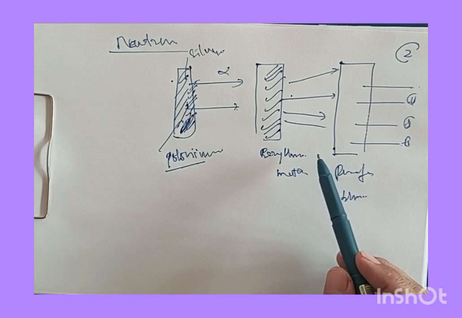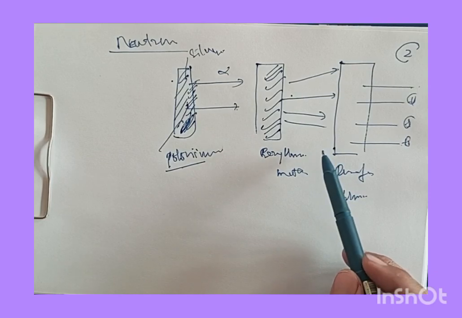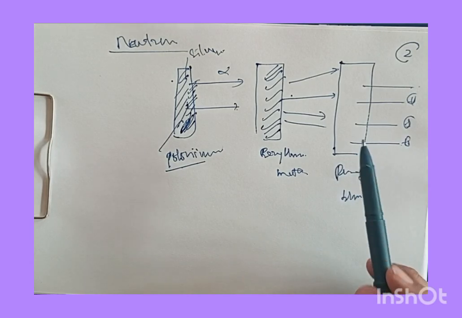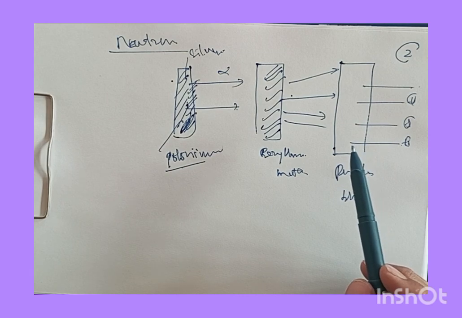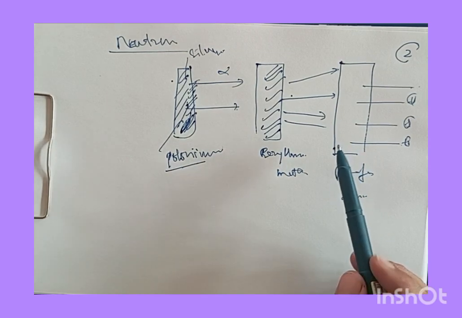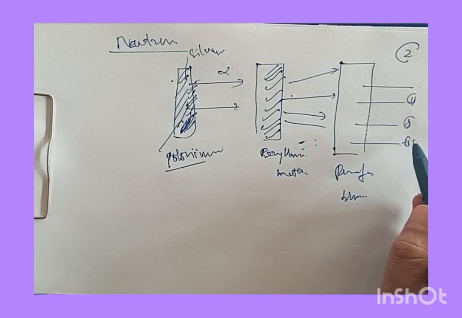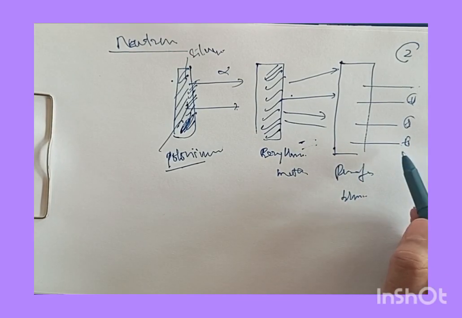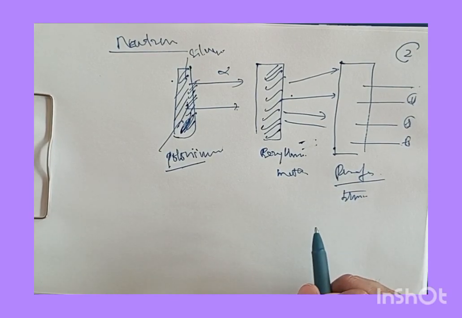And he showed that these penetrating radiations are not composed of protons, because the particles present in these radiations had much lesser energy than that of the protons that were coming out of this paraffin block. So this way he could discover these neutrons inside the nucleus.